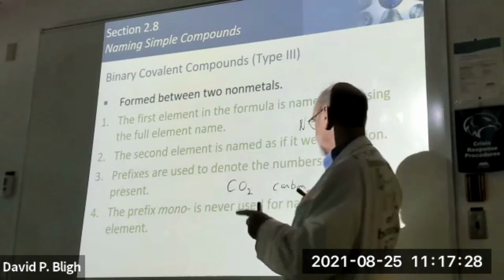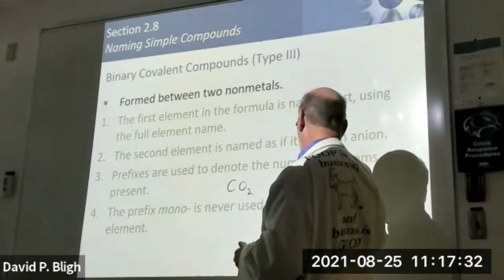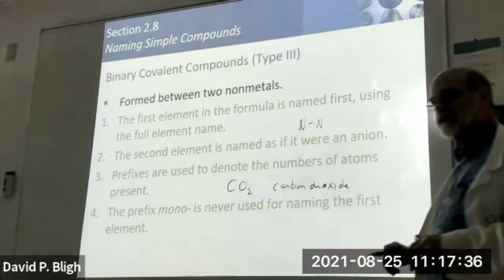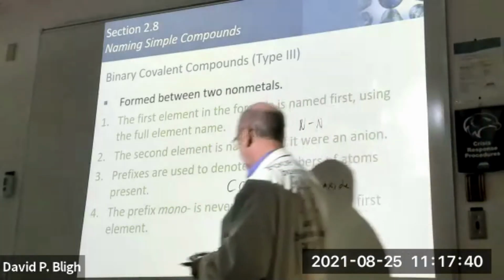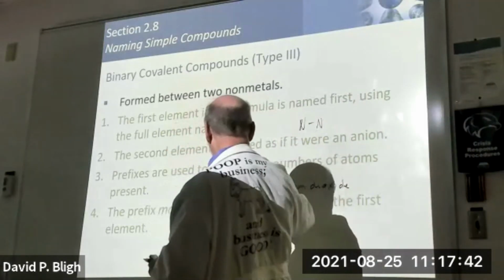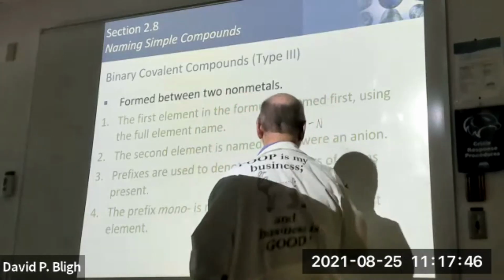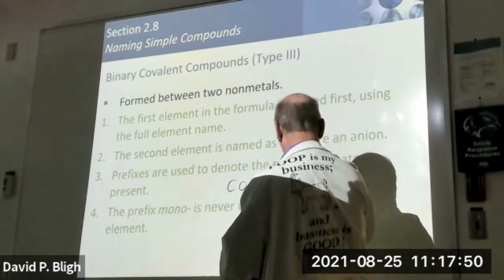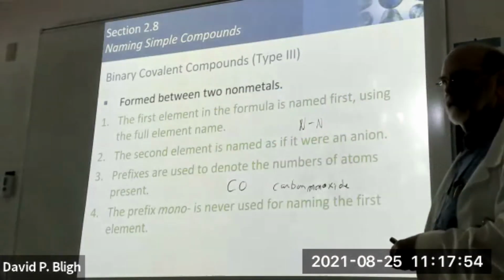But for the second one, we do say dioxide. So carbon dioxide is the name for this one. If it were the deadly version of carbon and oxygen, carbon monoxide. We don't say monoxide. Okay.